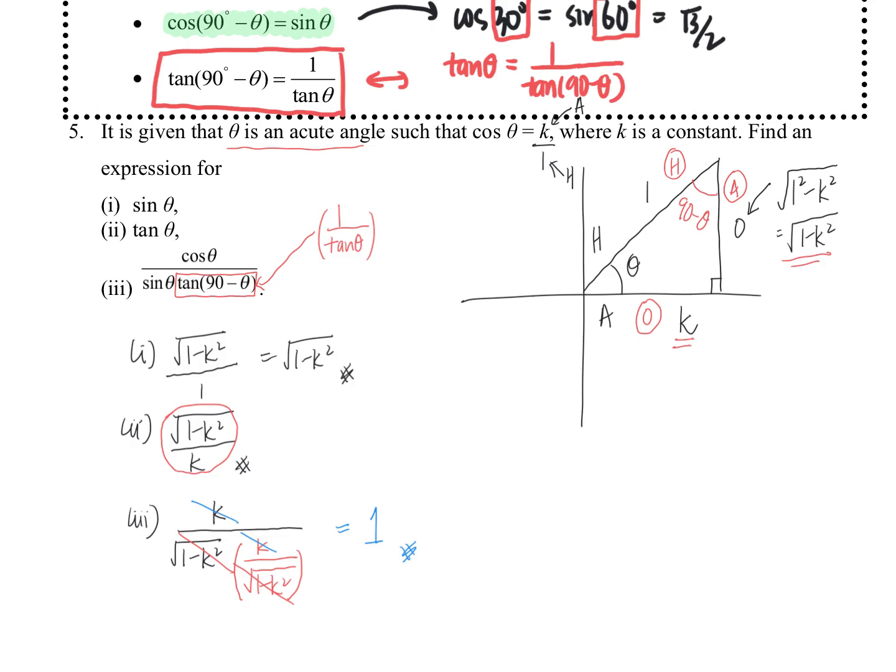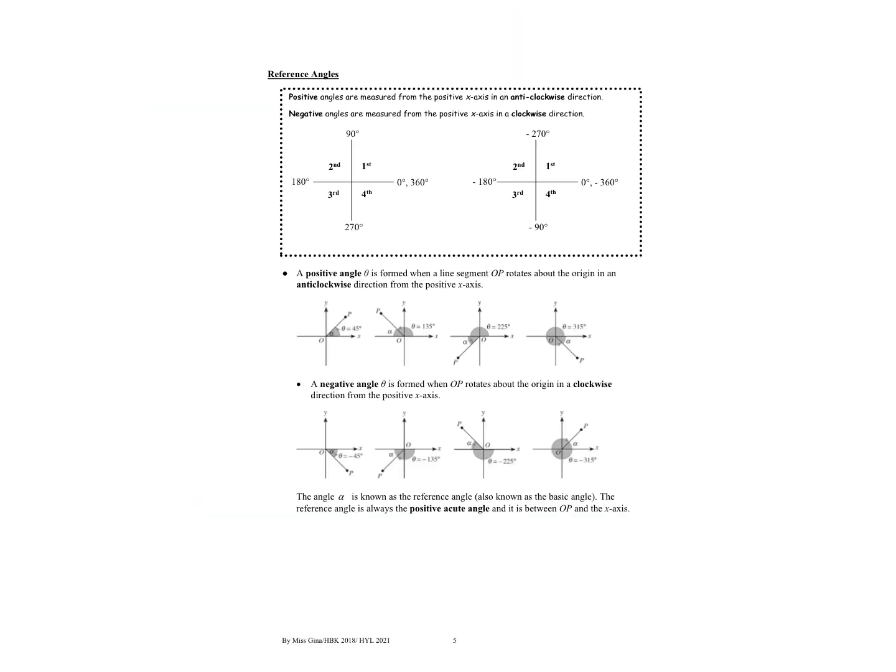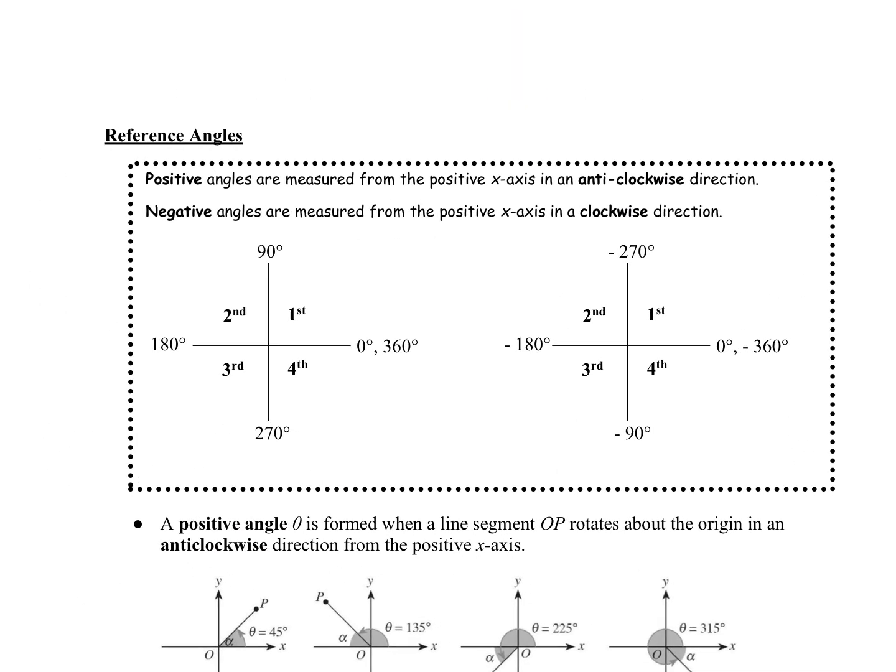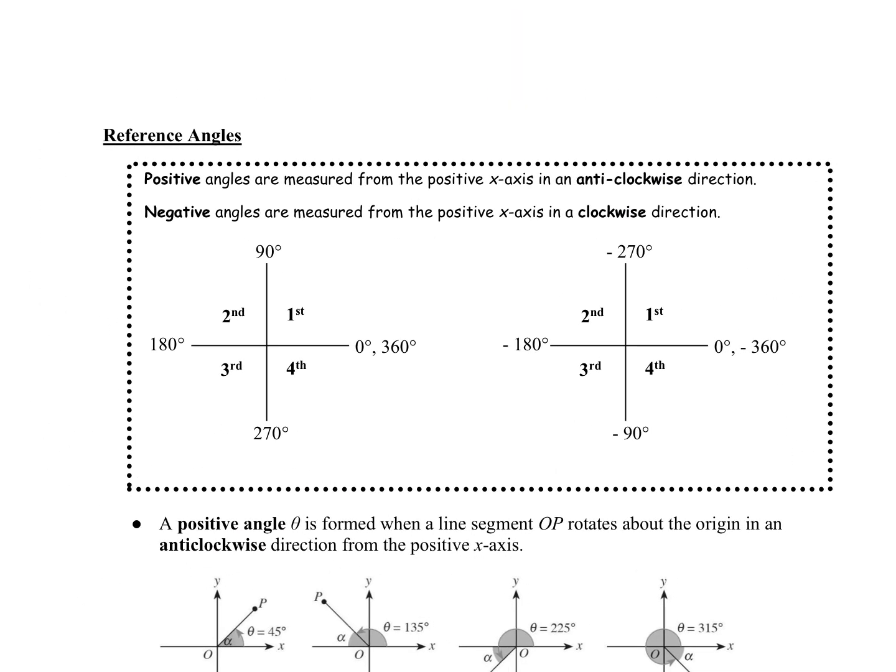Okay, so now just some theory behind when we measure angle. We always start from 0 here, and then we start turning. So if we move in an anti-clockwise manner, our angles are all positive.